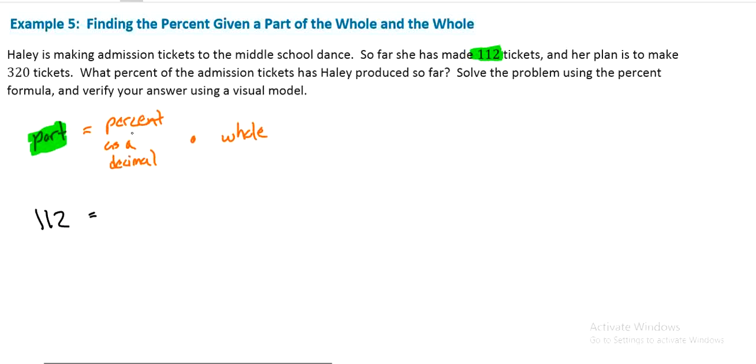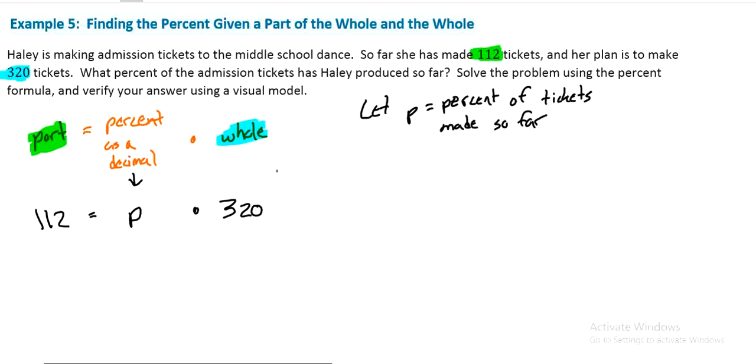The total she plans on making will be 320. So the total is the whole. That leaves us with the percent as our unknown amount. I'm going to put P. So over here, we'll say let P equal the percent of tickets made so far.